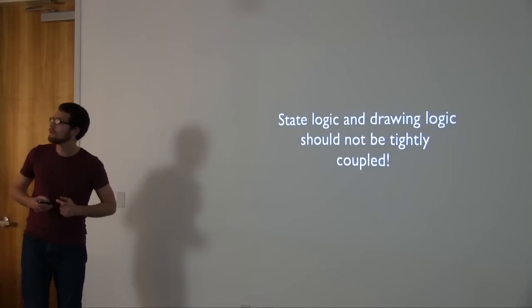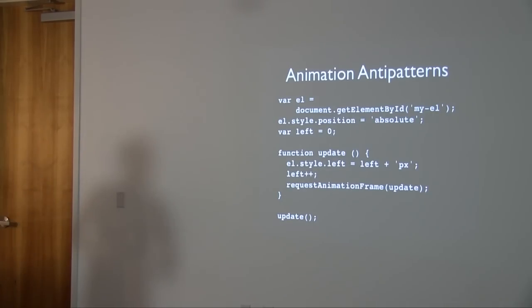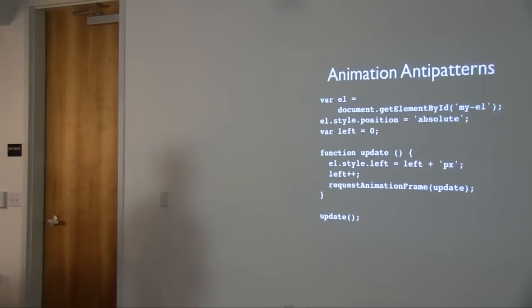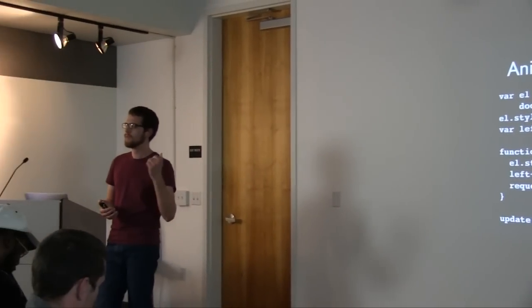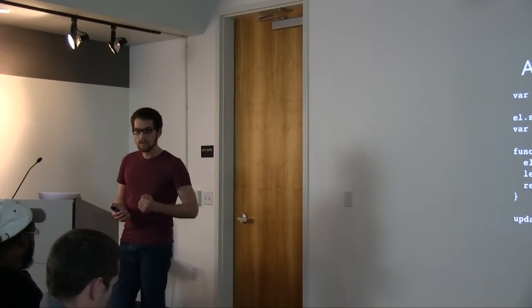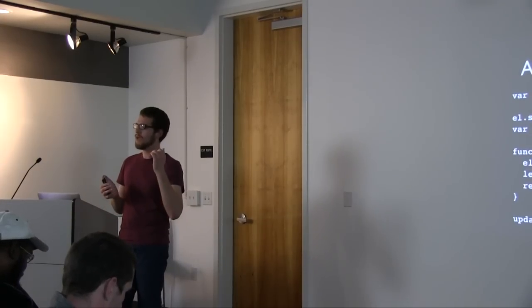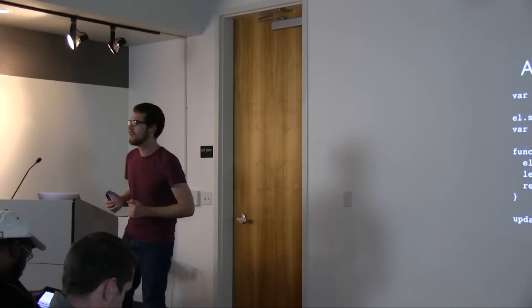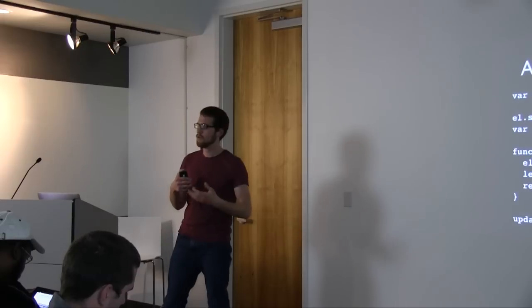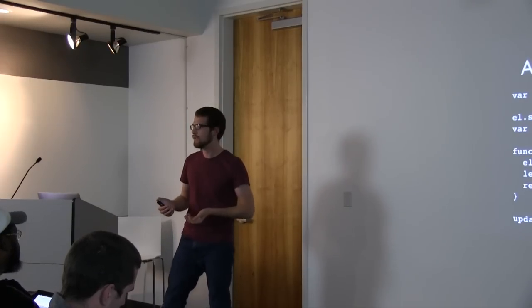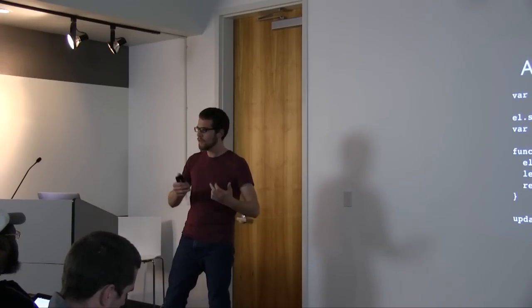What do you mean by drop frames? So you want to animate, you want to end at a certain point. And if you can only render 70% of those frames, you want to render those when they're supposed to be rendered.